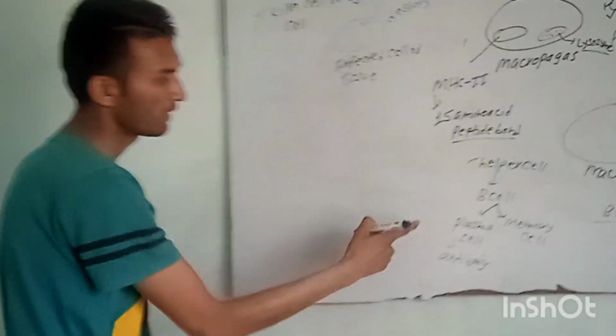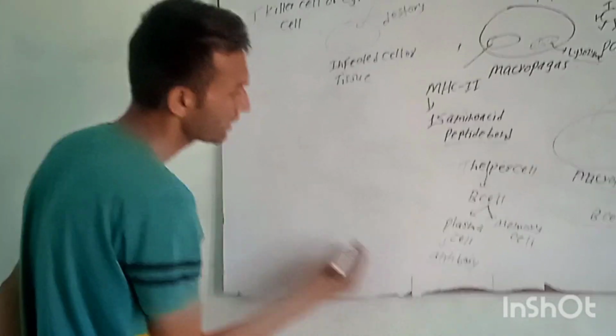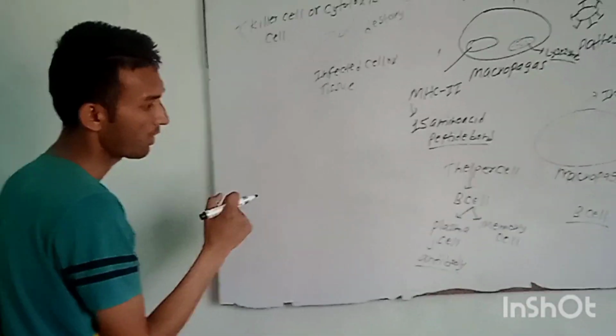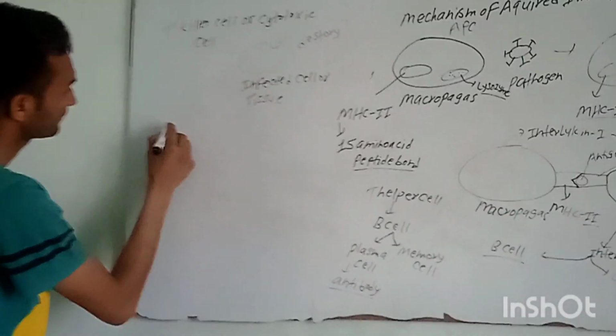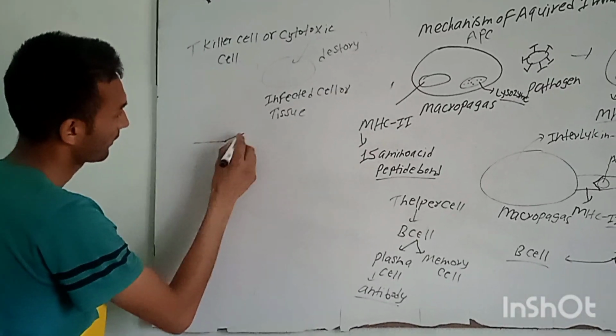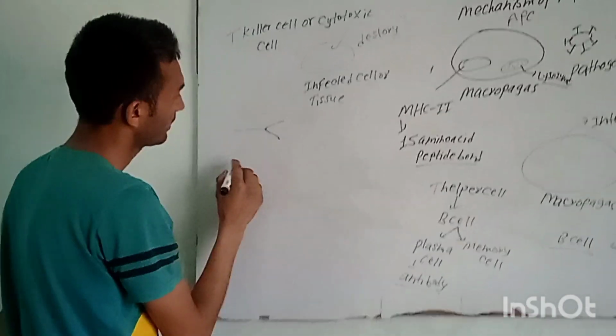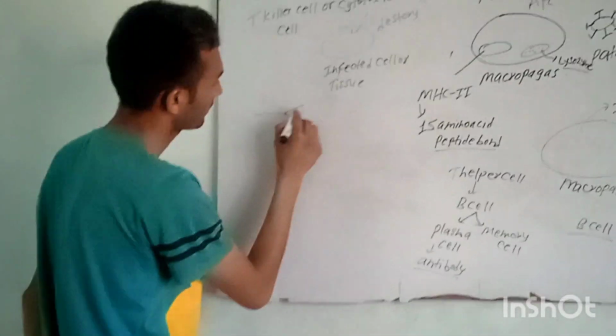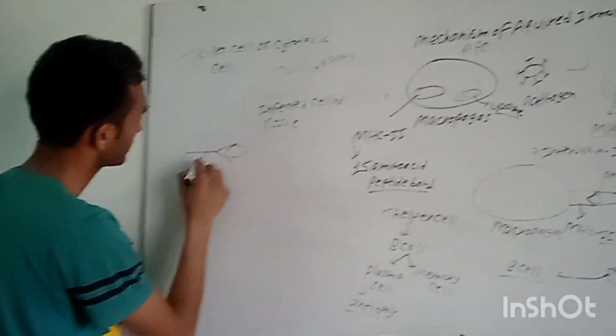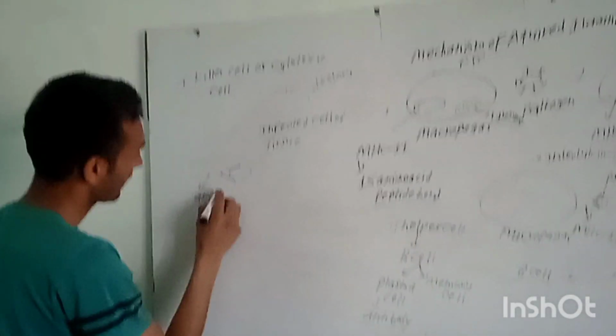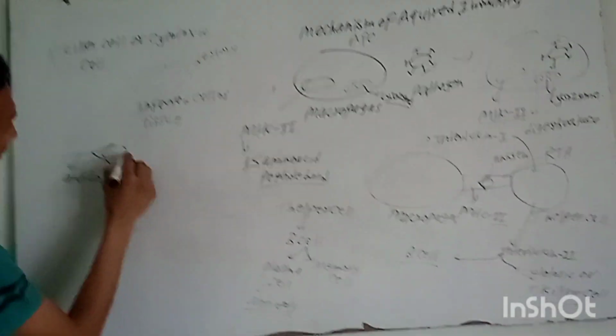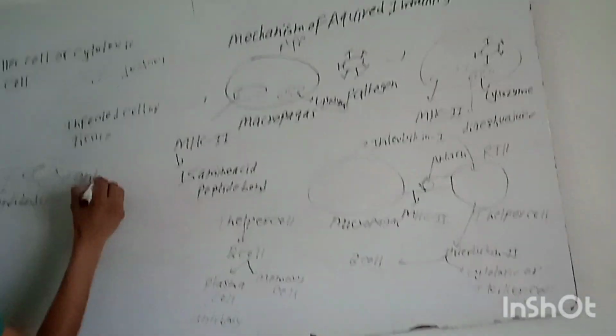Then the plasma cell produces the antibody. These antibodies flow in the blood and bind with the antigen.